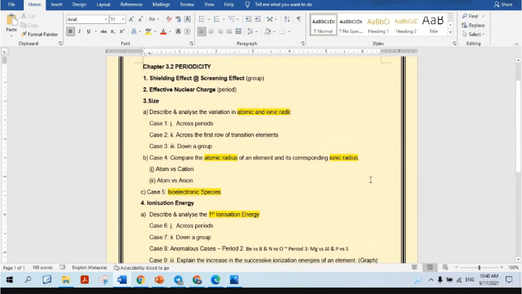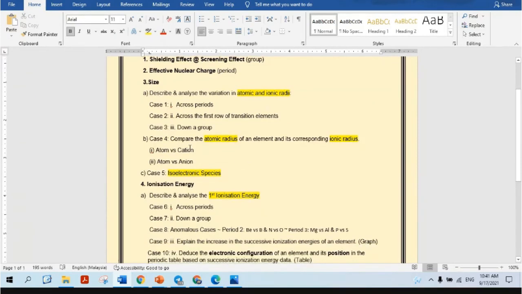In general, it's the same as across a period and going down the group. So that's why variation in atomic and ionic radii is in general for across a period and going down the group. The special one is when we compare the atom with its cation, or the atom with its anion. So this is case 4, compare the atomic radii of an element and its corresponding ionic radii.